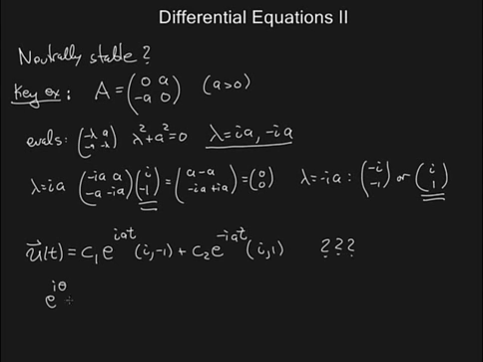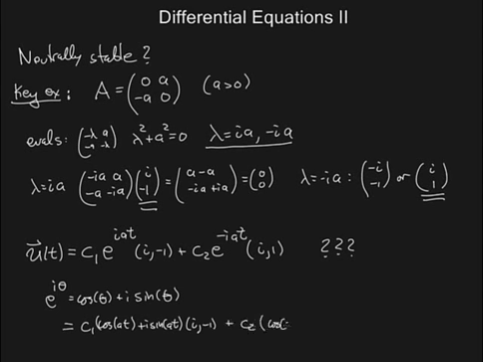I have no idea how to draw a picture of this. Well, of course, the key point is the formula e to the i theta is cosine theta plus i sine theta. And so if we plug that into the formula, we get this.